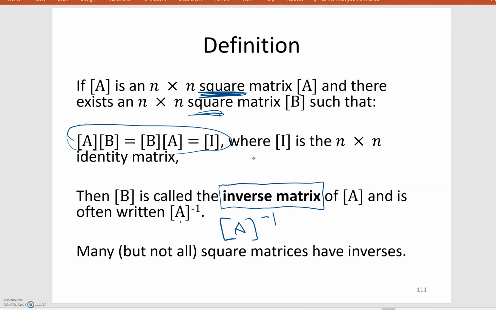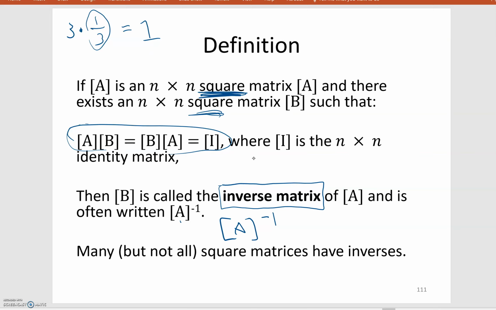So this is analogous to saying, if I want to multiply the number 3 times something and get 1, what do we multiply it by? Well, hopefully you know that I multiply it by 1/3, and 1/3 is the multiplicative inverse of 3. Okay. Now it's pretty easy to compute the multiplicative inverse of a real number, but how do you compute the inverse of a matrix?